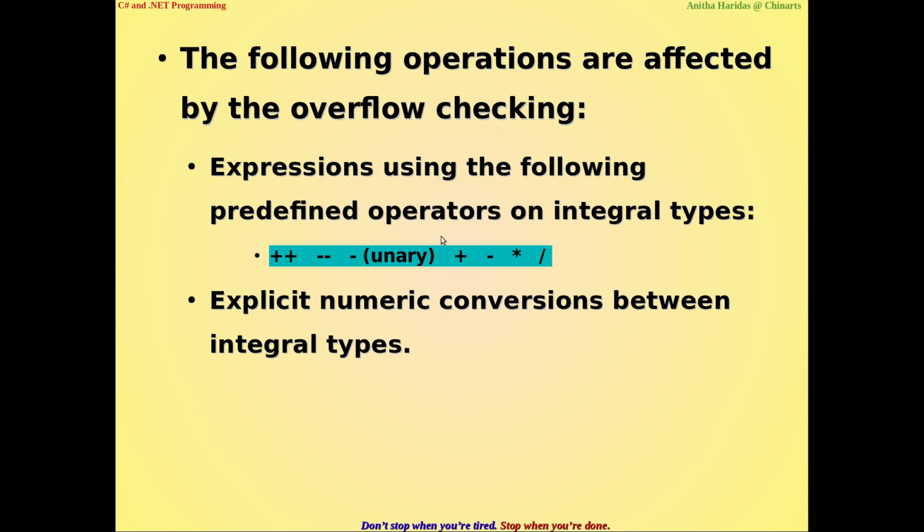So there are two different cases where the overflow checking happens. One in the case of arithmetic operations, the other in the case of numeric conversions. Most of the time when you do arithmetic operations like ++, binary plus, and multiplication, these are the three operators that give a result which is greater than the input values. In those cases you will get the arithmetic overflow.